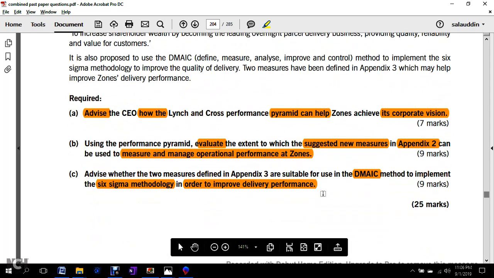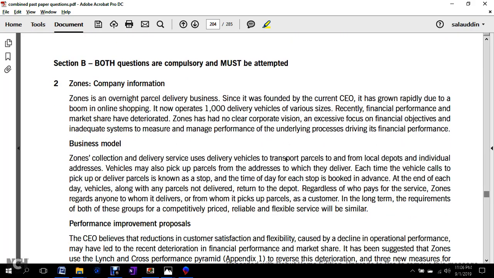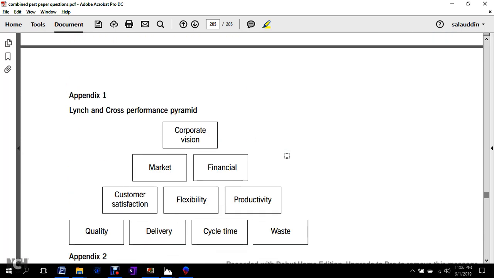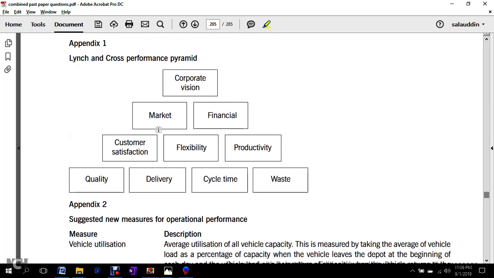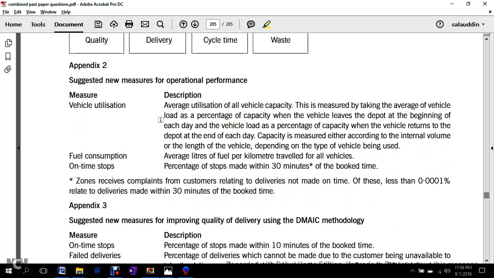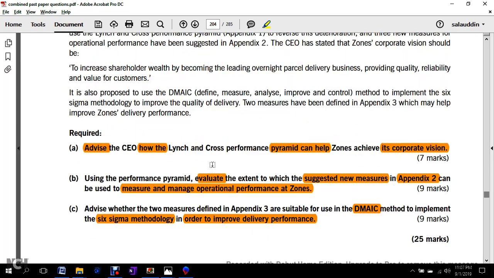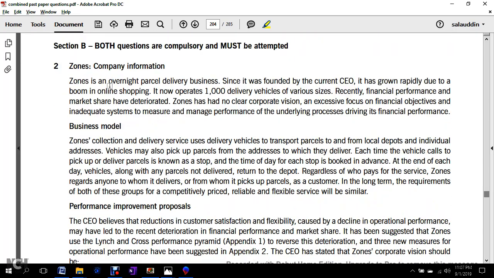What is the name of the organization? Jones. Okay, let's read the scenario. You're given 3 appendices: first corporate vision, then market and financial, that's appendix 1 and 2, and 3 appendices. Let's read the scenario first. Jones, company information.